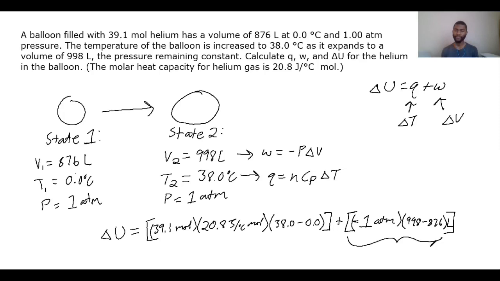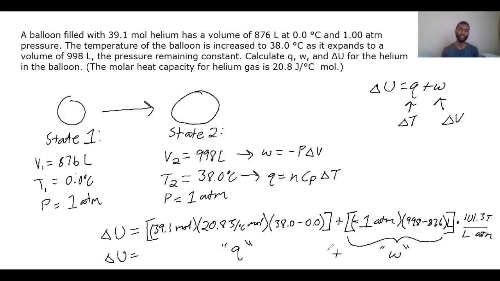So we're going to have to multiply this by the value 101.3 joules per liter atmosphere so that we can turn that to joules. So we have the internal energy, once again, is equal to Q, this is our value for Q, plus W. And this, right above it, is our value for W.